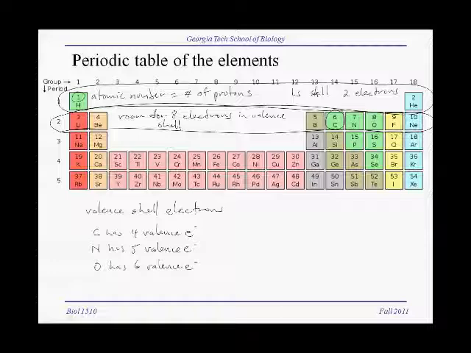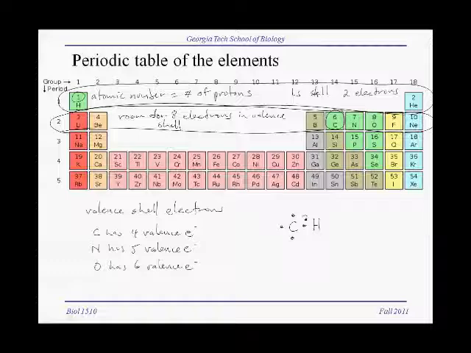Therefore, when carbon reacts with hydrogen, carbon has 4 valence electrons, and I'm using these dots to represent valence electrons. Hydrogen has 1 valence electron. Okay. So now in this arrangement, if this pair of electrons is shared between carbon and hydrogen, now hydrogen has 2 electrons in its valence shell, which fills its valence shell.